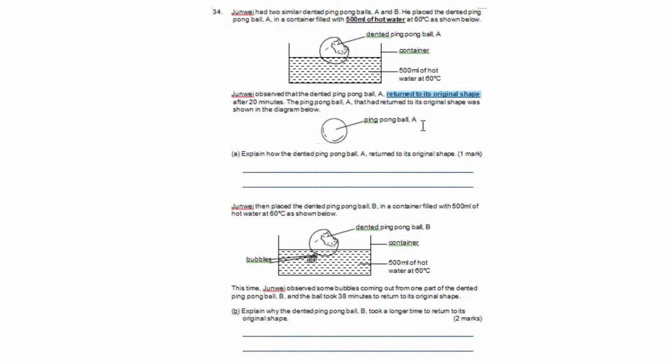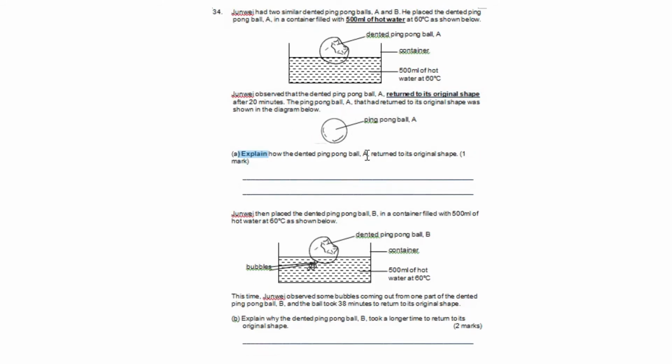Now the question is, explain how the dented ping pong ball returned to its original shape. Based on hot water and returning to the original shape, it is testing on what topic? Based on 500 ml of hot water, it is testing on the topic of heat.